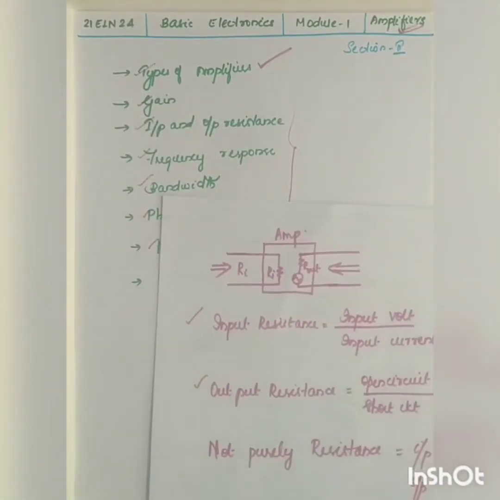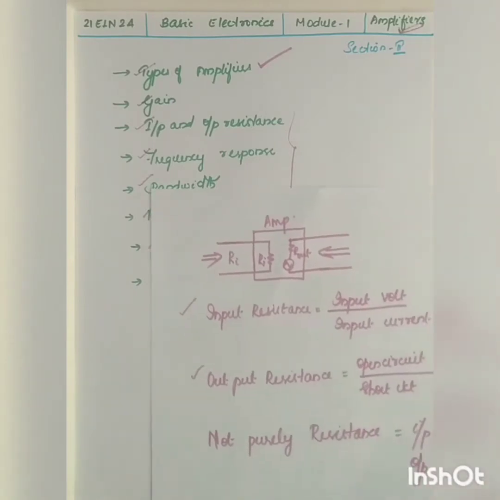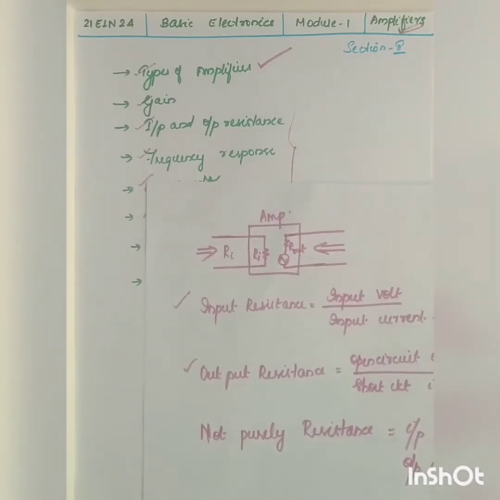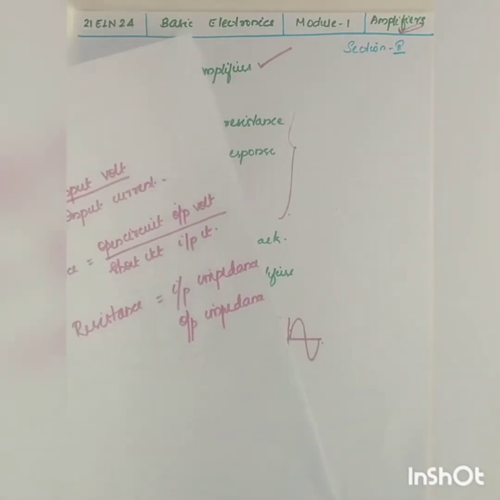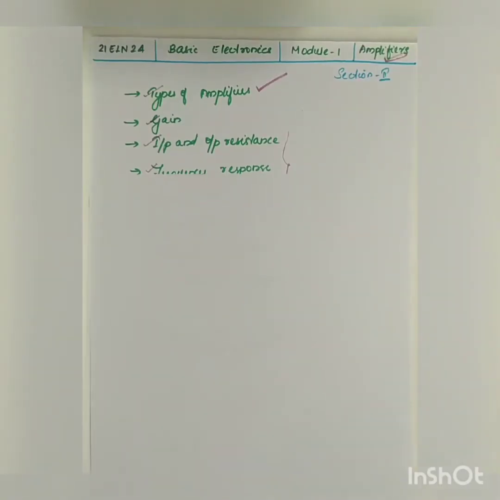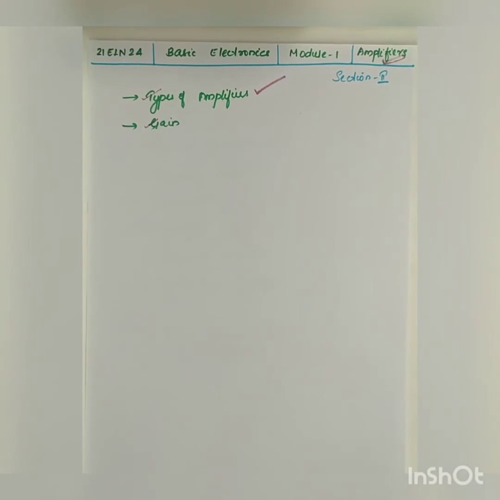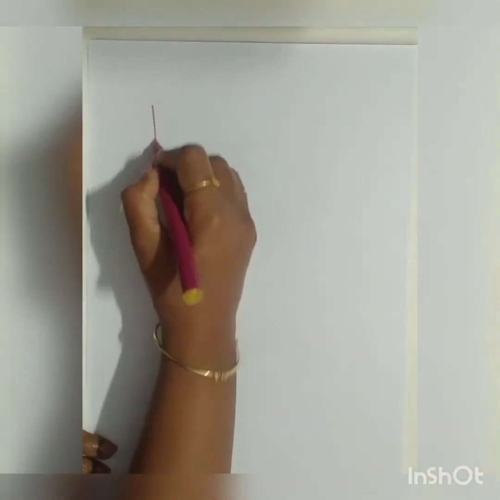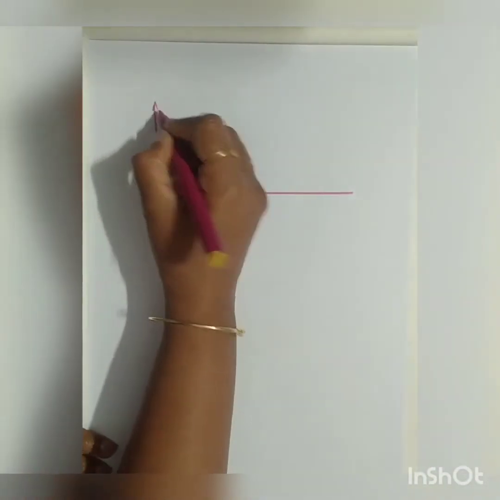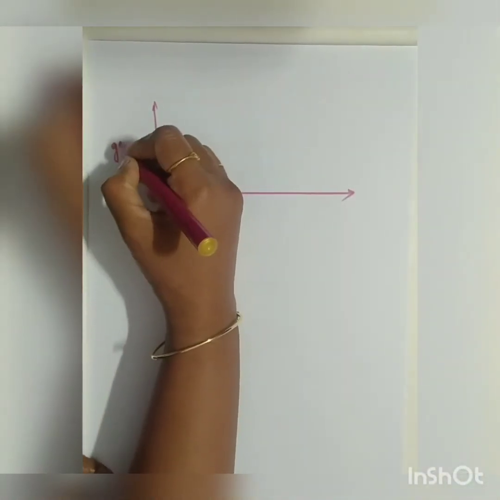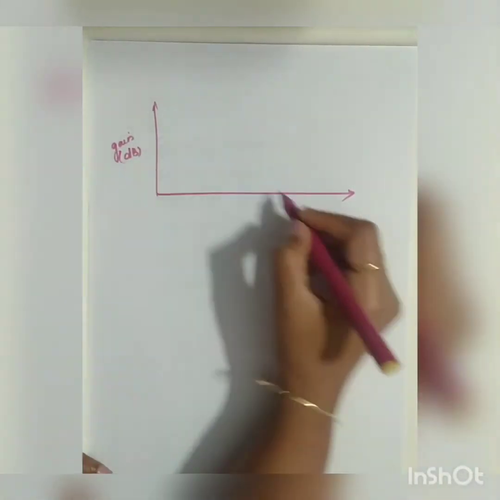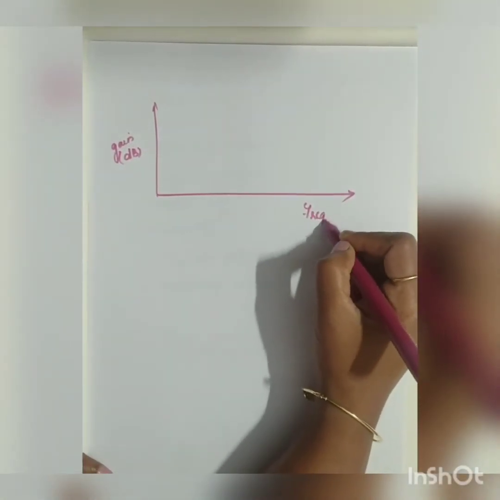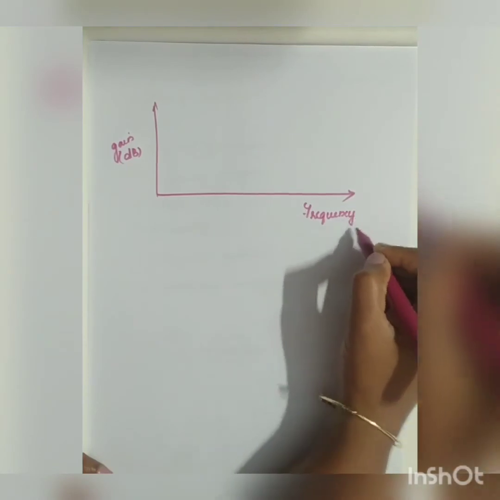Next topic, you have the frequency response of the amplifier. What is meant by frequency response of the amplifier? The frequency response of an amplifier is given by this diagram. It is a graph plotted between gain in dB and frequency in hertz.